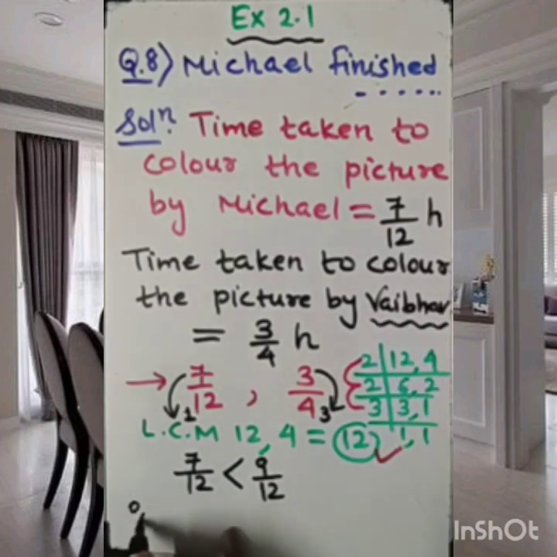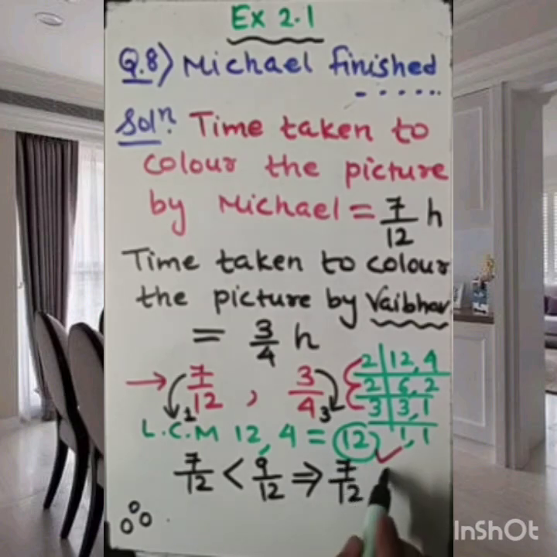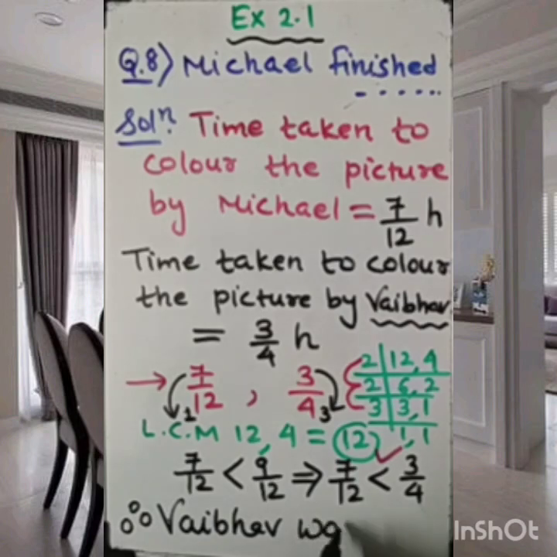That's why, dear student, we need to write here: 7 by 12 is less than 3 by 4, and 3 by 4 is related to Vaibhav. Therefore, who worked longer? Vaibhav worked longer. Please note down: Vaibhav worked longer.